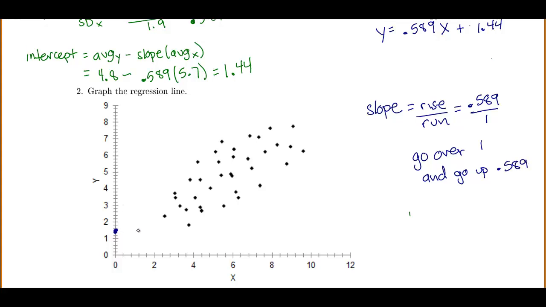Okay. So let's go over about 1 and up 0.589. So probably about to here. And then we'll go over 1 more and up about 0.589. Something about like this. And draw the equation of your line.